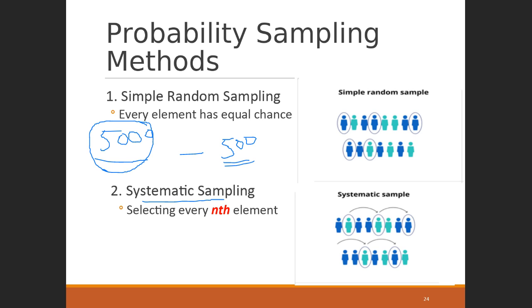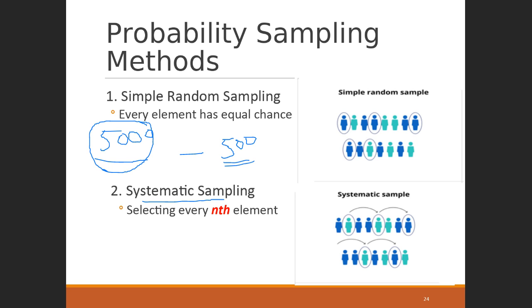You randomly choose the number five, and you choose every fifth entry in that list. This gives us a sample size of 200 drawn systematically from the population.